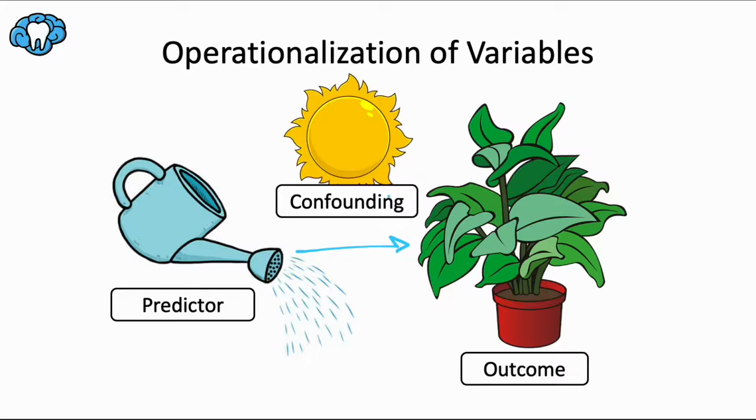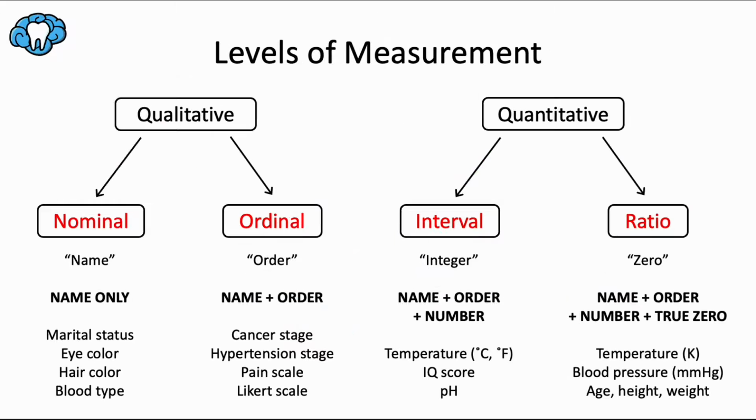For example, sunlight could cause some plants to grow more than others and distort the clarity of our findings. A confounding variable can strengthen, weaken, or even eliminate the relationship between the independent and dependent variables. So we have to carefully watch out for those whenever possible.